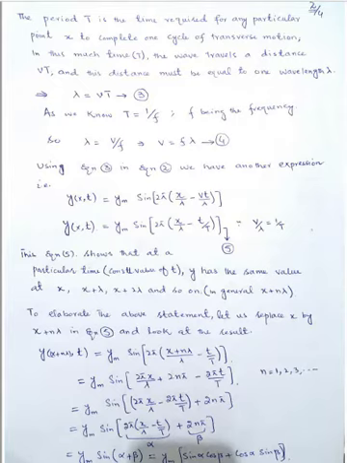So using equation 3 and 2, we have another expression for the same y of x. Before we had written an equation y of xt is equal to ym sine of 2 pi by lambda into x minus vt. Now we can put that lambda inside the argument, x by lambda minus vt by lambda.